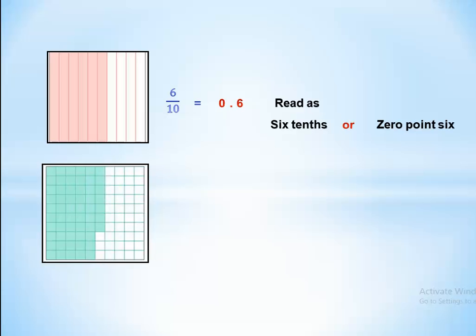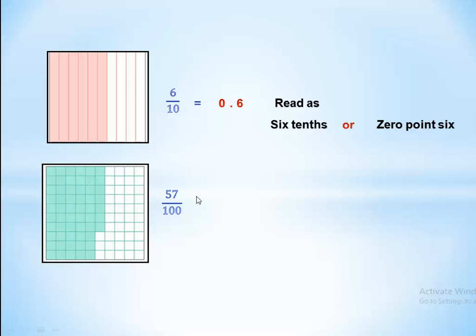Okay, if we have another lattice divided into 100 parts and we shade 57 parts, it means 57 over 100. How can we represent it in decimal form? We can represent it as we did before.